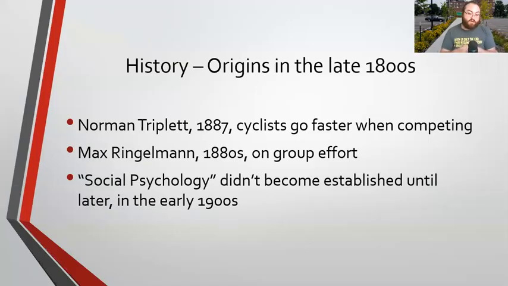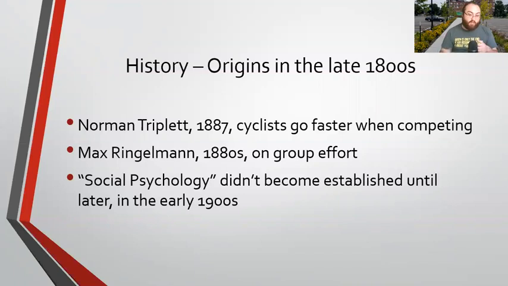Now, social psychology has been a part of psychology for a long time. Historians don't all agree on what should be the actual start of social psychology, but the most commonly agreed upon start is experiments done by Norman Triplett in the 1880s. He was measuring the speed at which cyclists could complete a race.